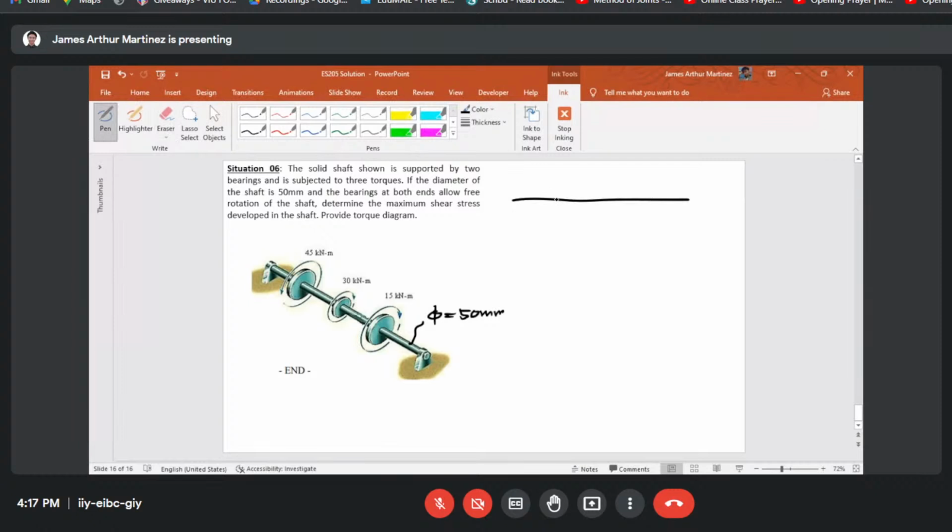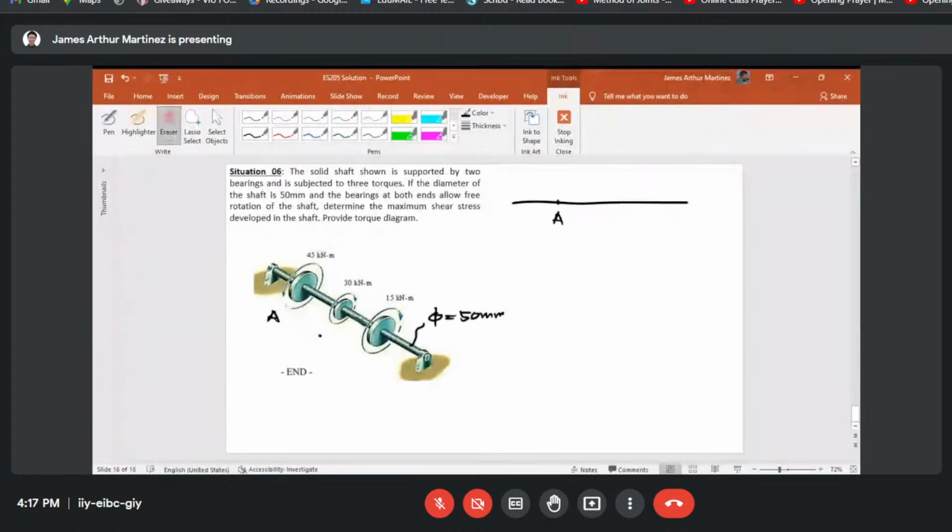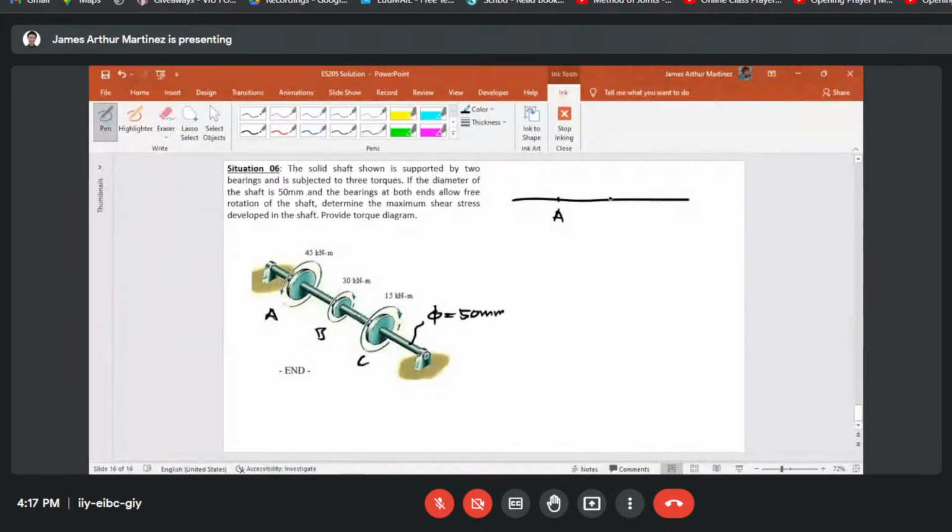So if we draw the free body diagram, let us label this as A, B, and C. If we are considering the left side of the figure, at A the rotation would be in this manner, and it is 45 kilonewton meters.